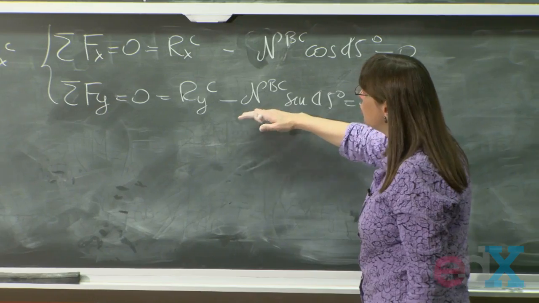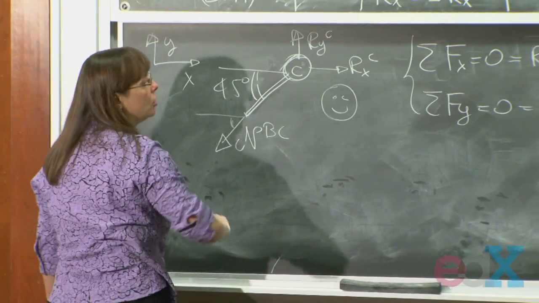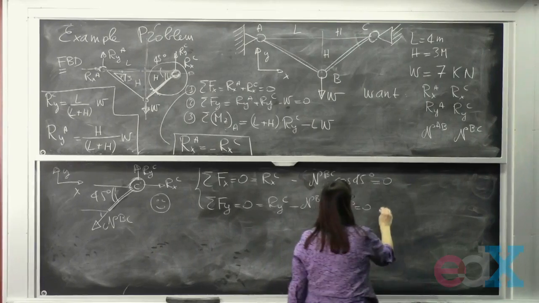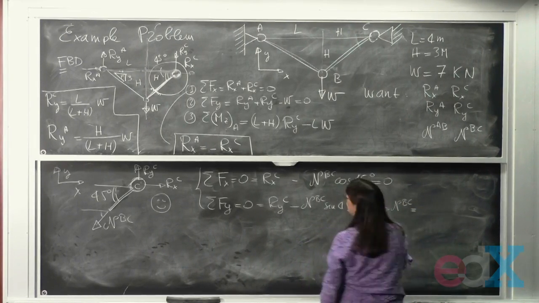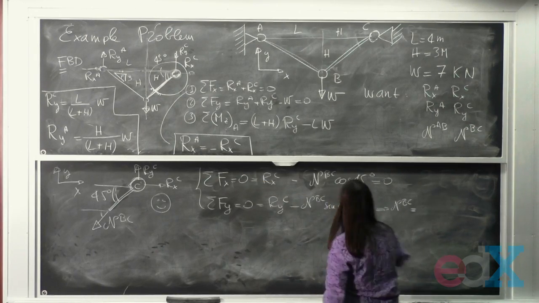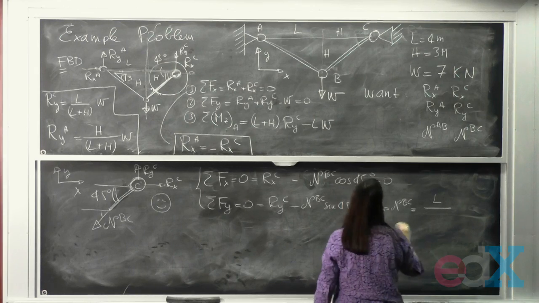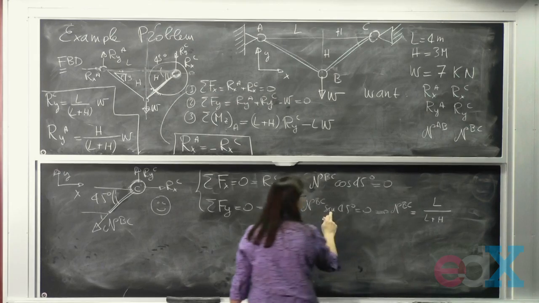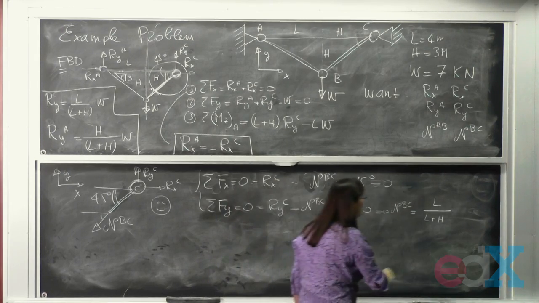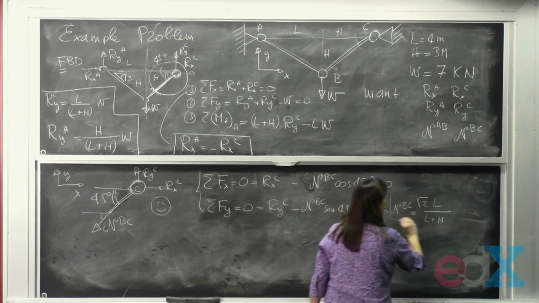So from this equation here, because I know that RYC was this much, I get that NBC is equal to RYC, which is L divided by L plus H, divided by the sine of 45 degrees. So I have square root of 2. And that's my NBC.